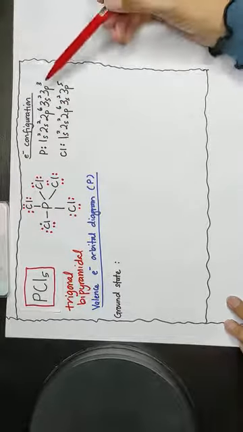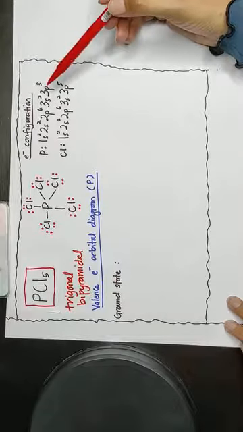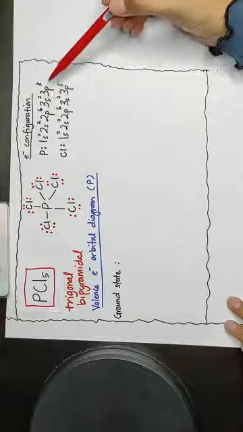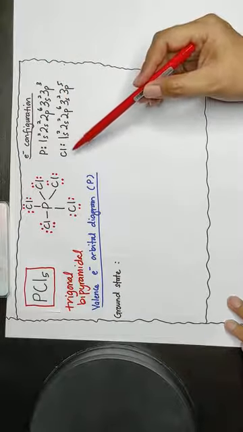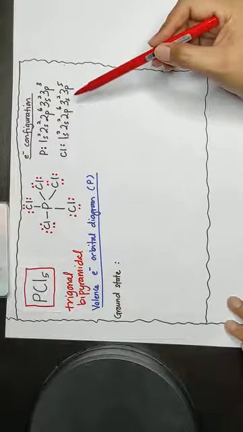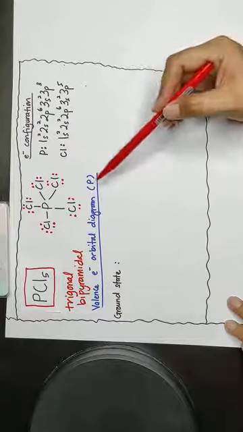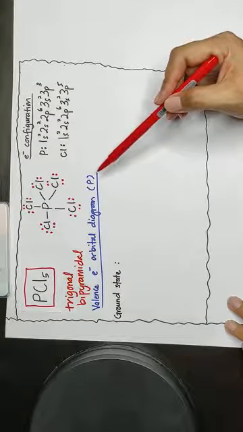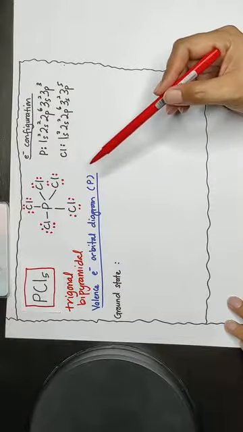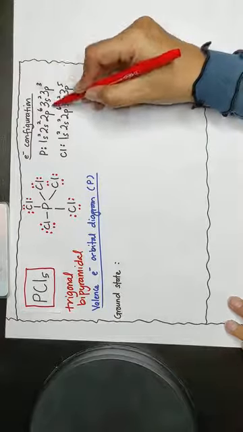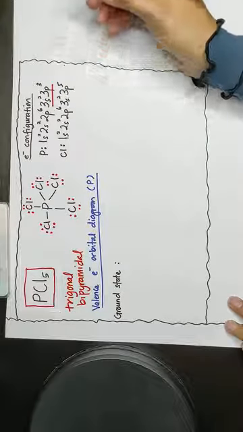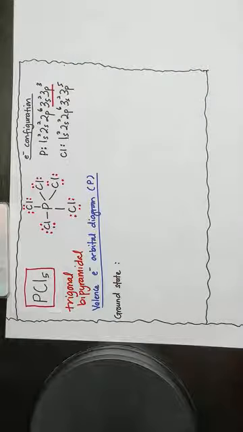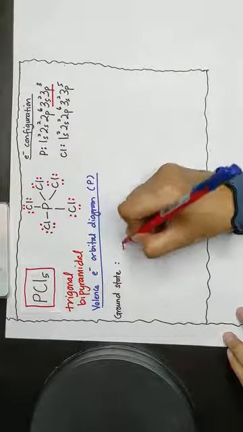This is the electronic configuration of phosphorus atom: 1s2, 2s2, 2p6, 3s2, 3p3, and this is the electronic configuration of chlorine atom. Next, draw the valence electron orbital diagram of the central atom, phosphorus, in order to describe the hybridization process. You refer to the valence electrons of phosphorus, which occupy the 3s and 3p orbitals.